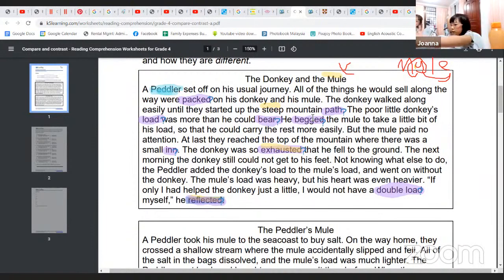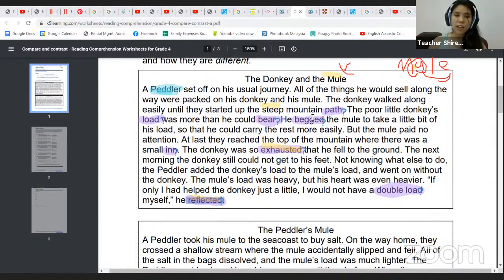So the donkey walked along easily until they started up the steep mountain. Steep 是很斜的 mountain. Path 路程, path 路程, try to understand? The poor little donkey's load.